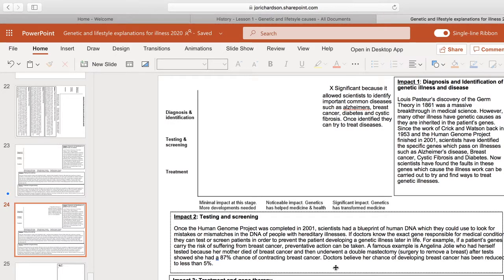Again, use that information. And then lastly, treatment and gene therapy. The fact that people are able to utilize their knowledge of genetics, and then they can treat it. So they can use stem cells. You might have seen this in RE.